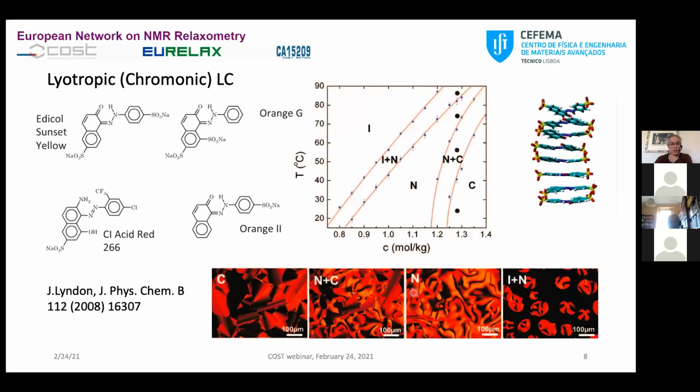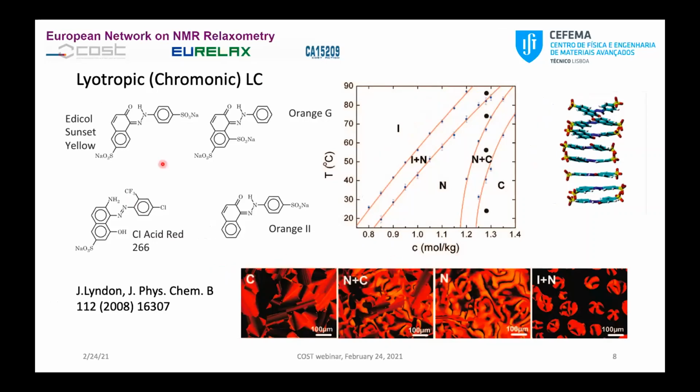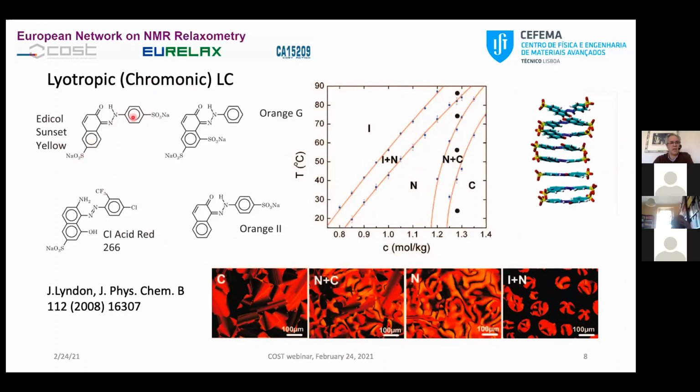lyotropic liquid crystals, that can be dissolved in a solvent, can also form different phases depending on concentration. And this is, for instance, the case of these chromonic liquid crystals, which, for instance, this one is called sunset yellow. It gives the yellow color, like the egg yolk.